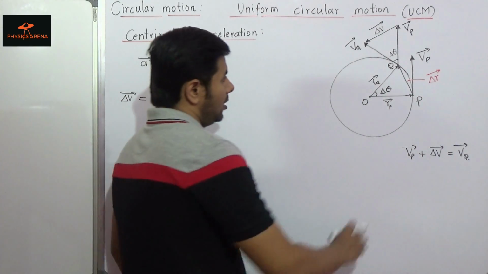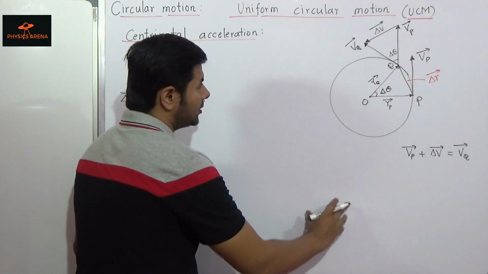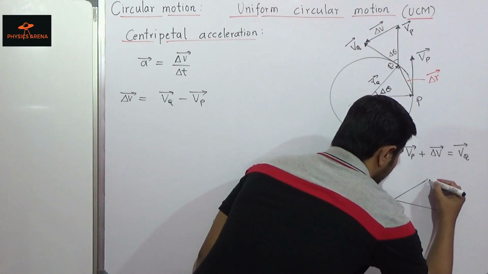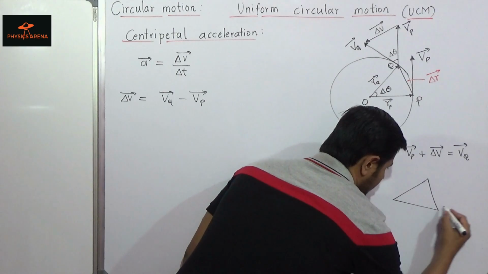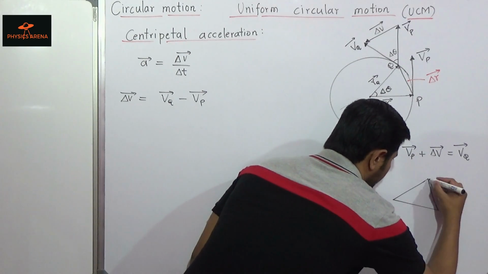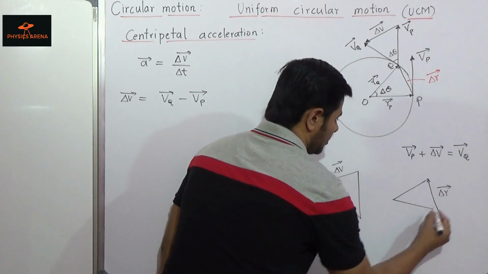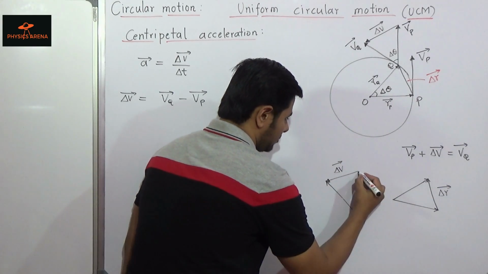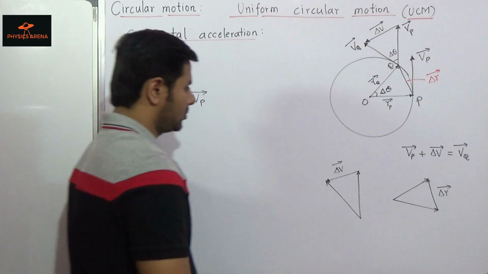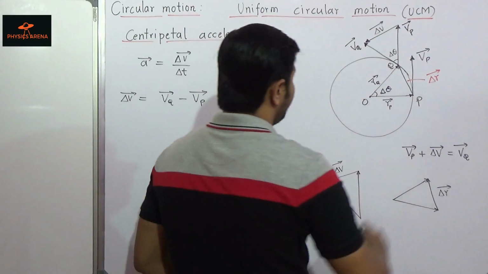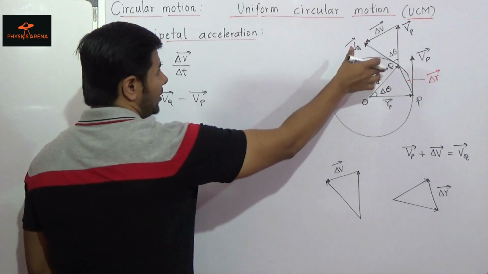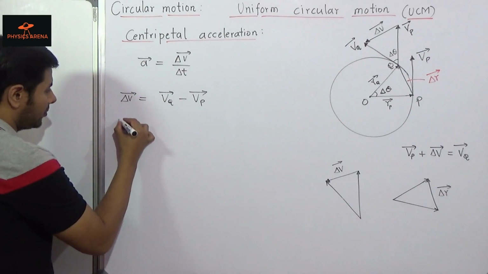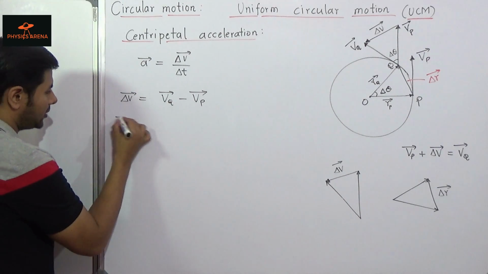Now I will redraw these two triangles here. And then we know that the length of VP bar is equal to the length of VQ bar, since the speed is constant.